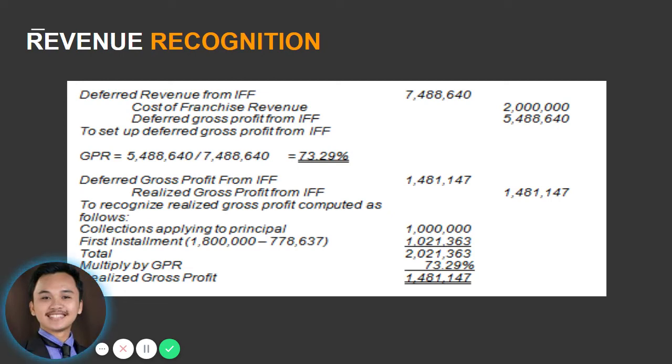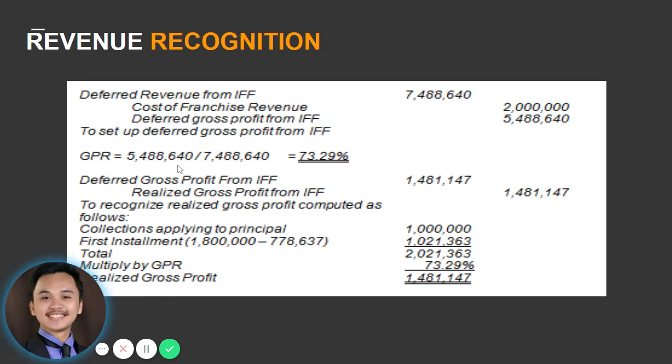So that makes it 7,488,640. Minus the cost of franchise revenue of 2 million, therefore your deferred gross profit is 5,488,640. And since again installment basis is what we use since the note is not reasonably assured, we need to defer it. We will only realize it when there is cash collection, equivalent to our gross profit rate.